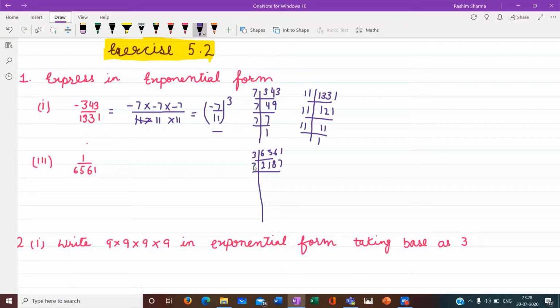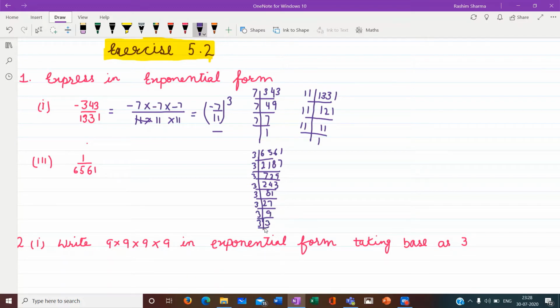Again it is divisible by 3. 3 sevens are 21, then 3 twos are 6, 3 nines are 27. This is again divisible by 3. 3 twos are 6, then we have 3 fours are 12 and 3 threes are 9. 3 eights are 24 and 3 ones are 3. Then again 3 we have here, 27, then 3 nines are 27, then 3 threes are 9.